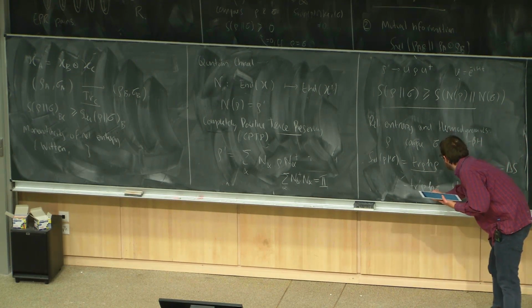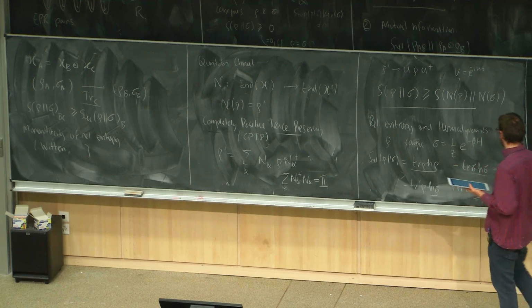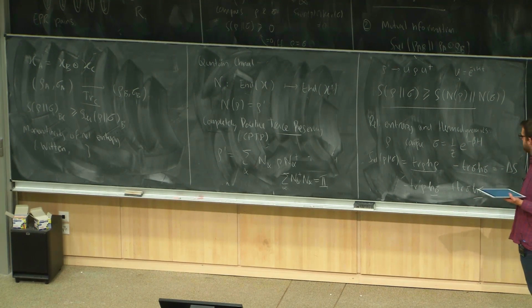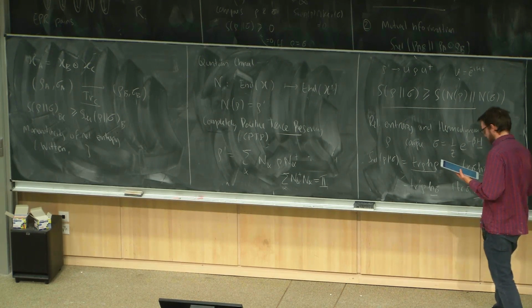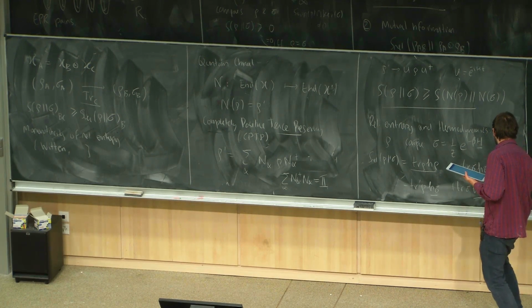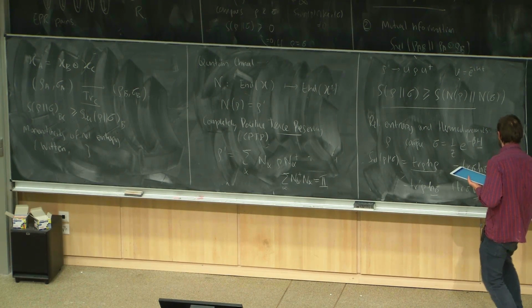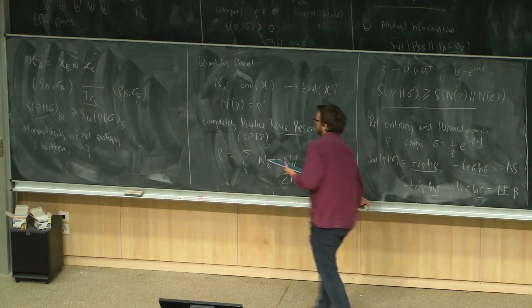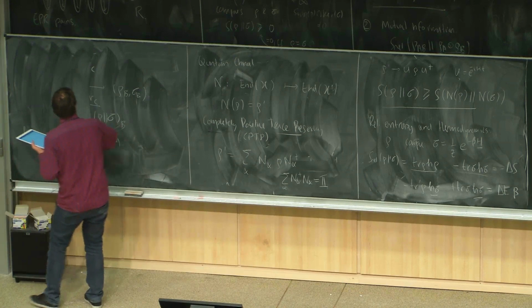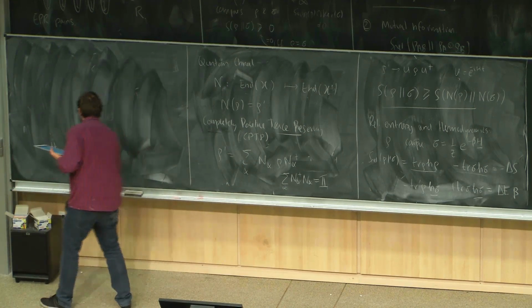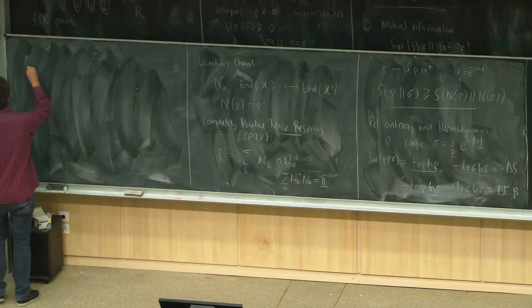And this is just the expectation value of the operator log sigma in the two different states. But log sigma is just related to the Hamiltonian, so you can easily show that this term is equal to the change in the energy of the state times beta, where the energy is just the expectation value of the Hamiltonian.